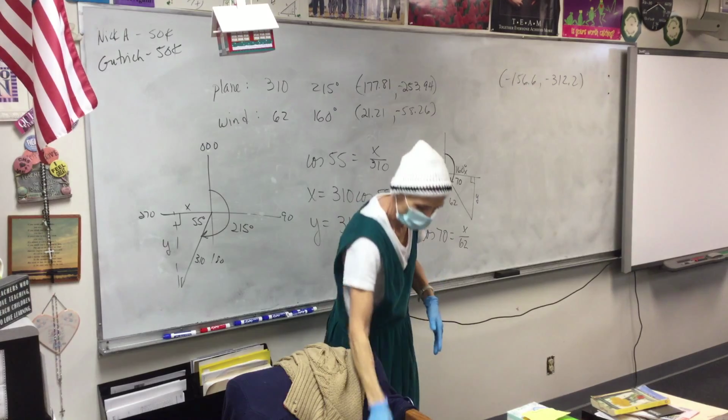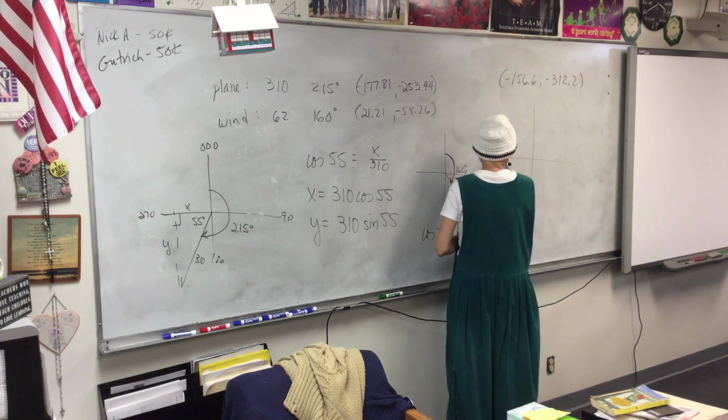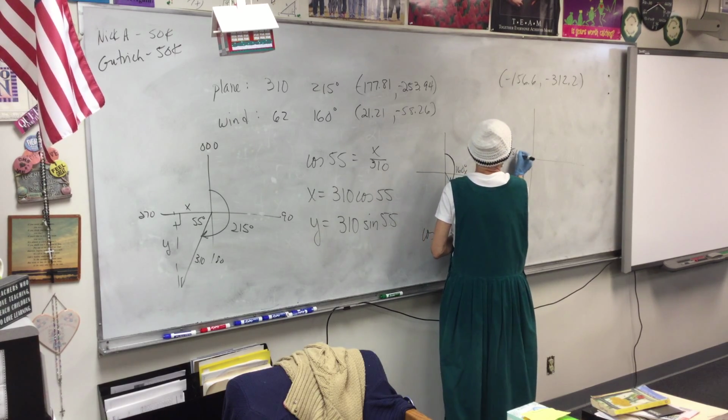So if I drew a picture of the actual components of the plane, it would look like this, right? They're both negative.